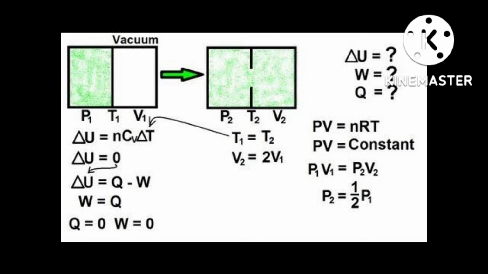We have derived W is equal to minus 2.303 nRT log V final divided by V initial. That value we can write there.